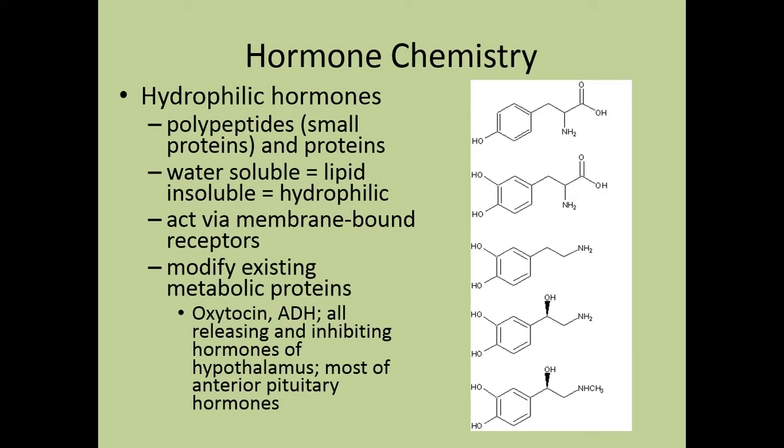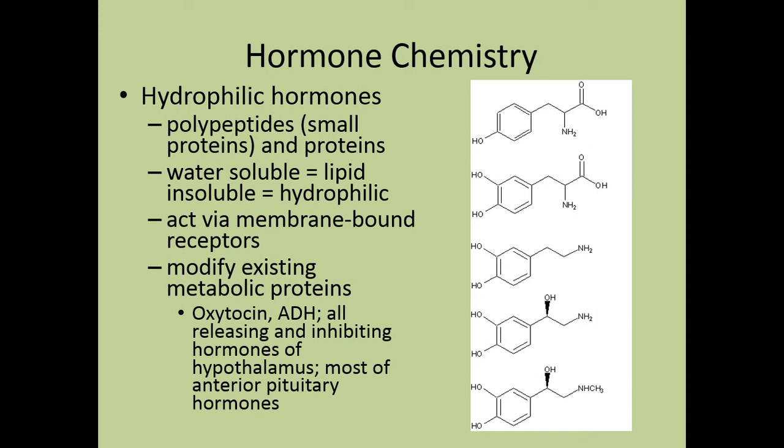Cell membranes are lipid-based. So in order for a hydrophilic hormone to act on a target cell, they have to touch a receptor on the surface of the cell. Hydrophilic hormones never get inside of cells. They just touch the surface of a cell on a receptor, and then the receptor triggers some kind of effect in the cell.